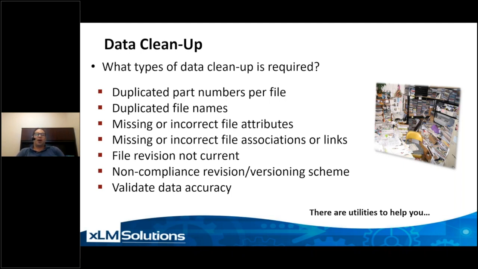Duplicate part numbers per file. So you have part number 123 that points to washer1.sld.prt, and you have part number 456 that points to washer1.sld.prt. Are they the same part number and we just got created twice, or do those actually represent different parts or different washers in the system?